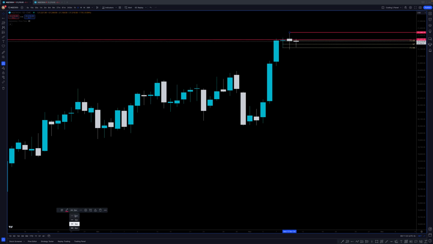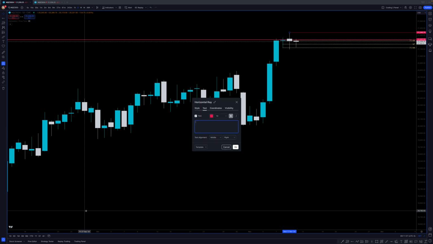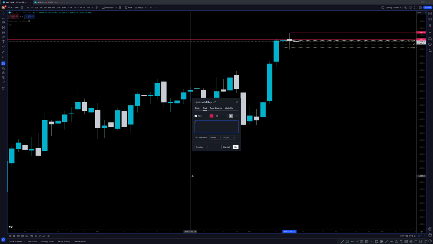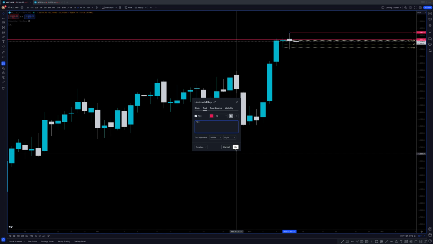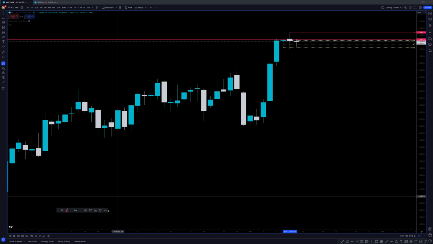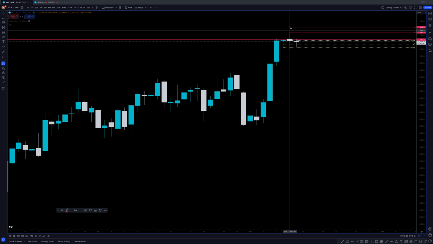And I'm going to take this one down to 1 peg because I'm going to just mark this as the PDH, another one of ICT's terms, previous daily high. Okay, got that. And I'm just going to clone it. I'm going to drag it down here.